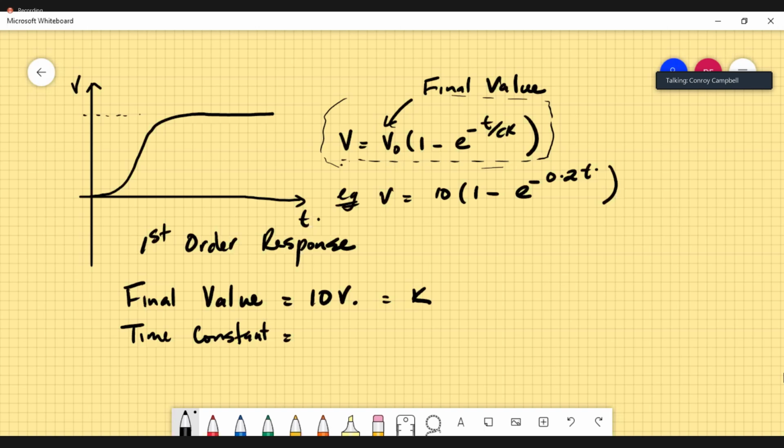It is one over 0.2. The time constant in this one would be the CR, so therefore it would be 0.2 inverse, so that is going to be 5. And that is going to be my T.